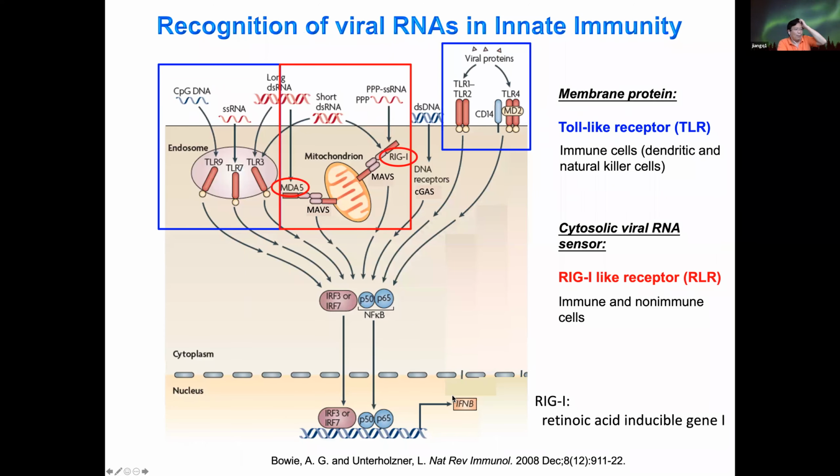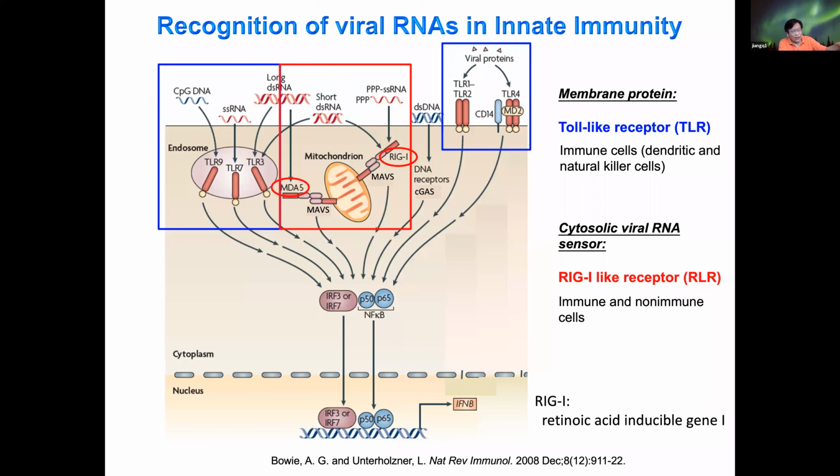The one I'm going to discuss briefly is the recognition of viral RNAs. The same is true for SARS-CoV-2, which has a positive-sense RNA genome. RNA viruses have this signature structure, which we call the 5' triphosphate plus a very short double-stranded sequence in the RNA.